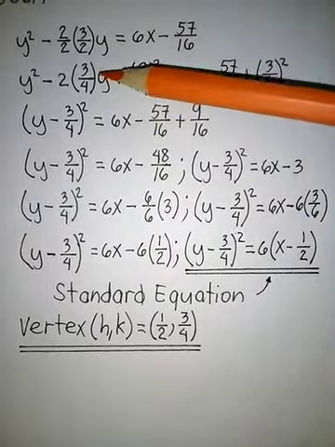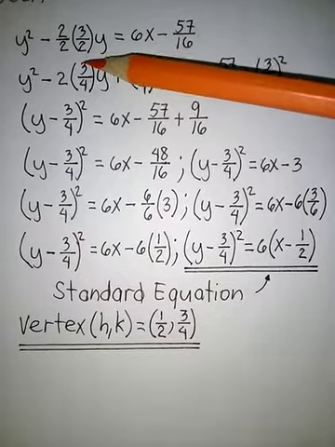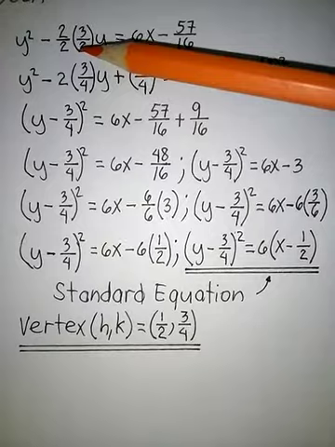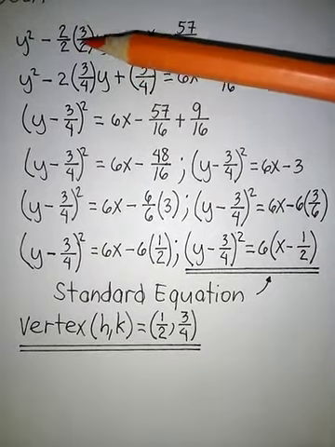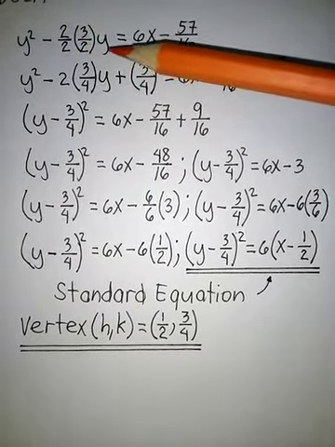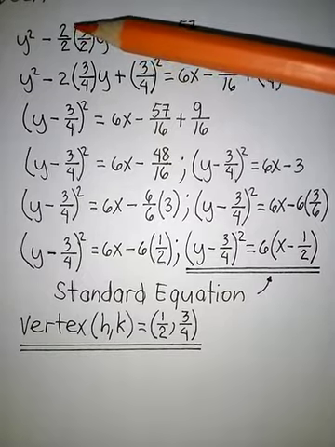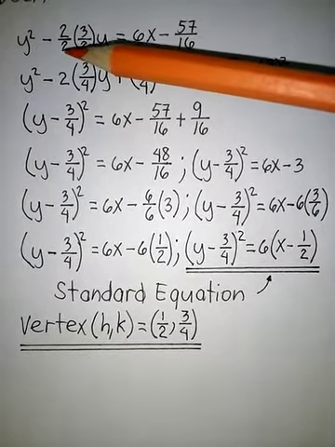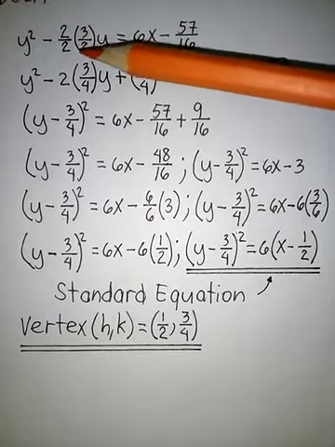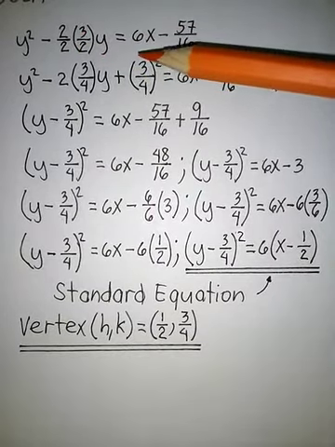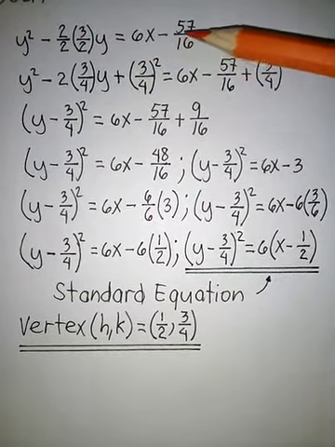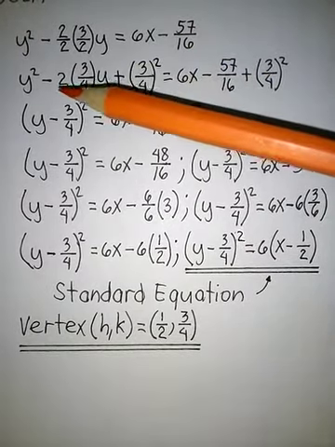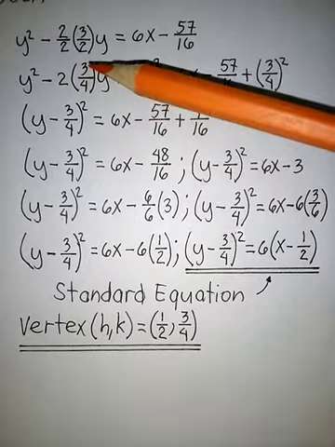Since we have to factor out 2 from 3 halves, we have to multiply these 3 halves y by 2 over 2. So, we have y squared minus 2 over 2 multiplied by 3 halves y is equal to 6x minus 57 over 16. So, factor out 2, we will get 3.